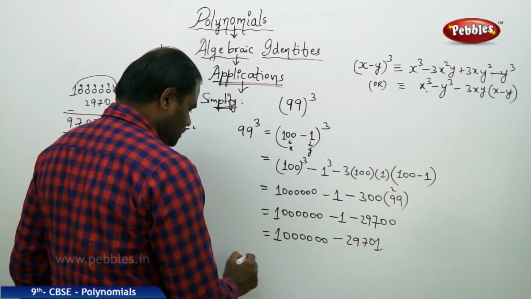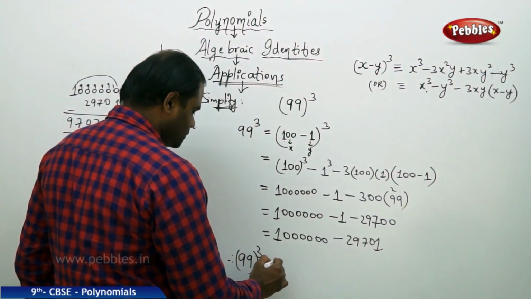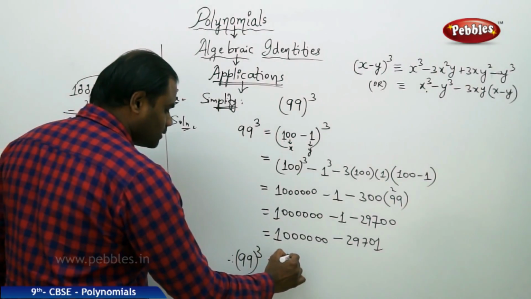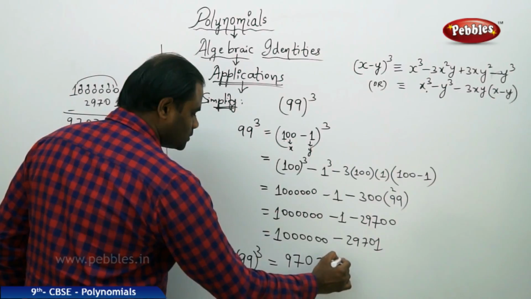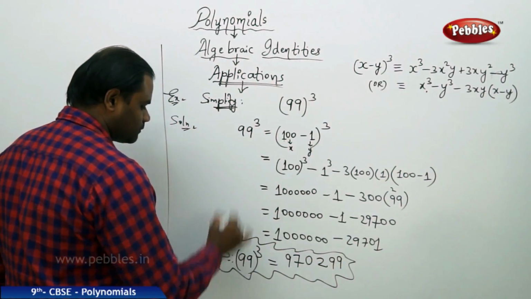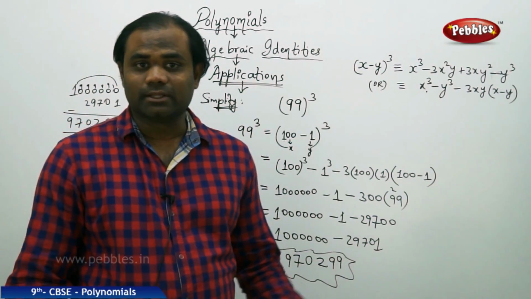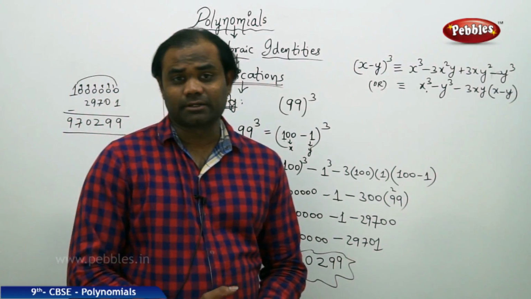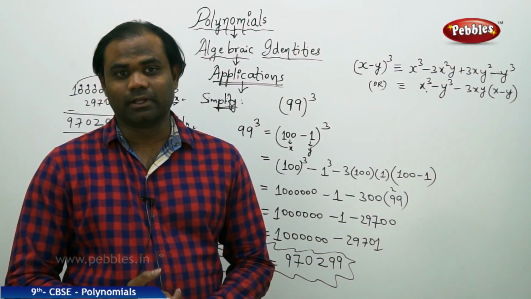Therefore, my answer for 99 cube, which is multiplication of 99 three times, is directly 970,299, is what we get as the value using the algebraic identity. Applications of algebraic identities in solving math problems in real life.